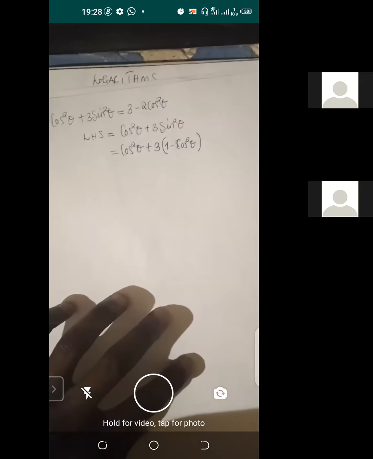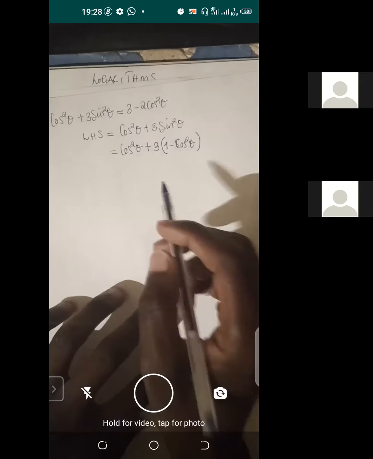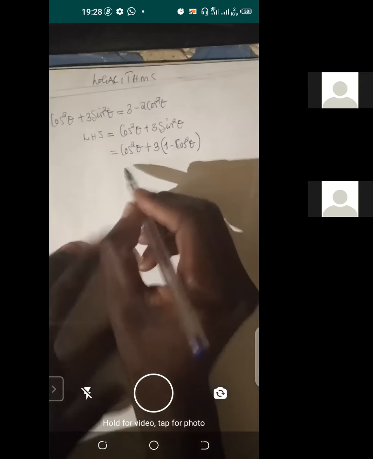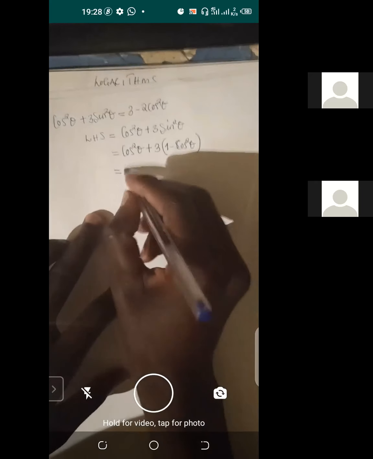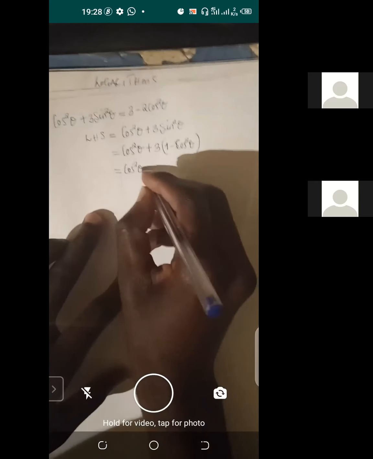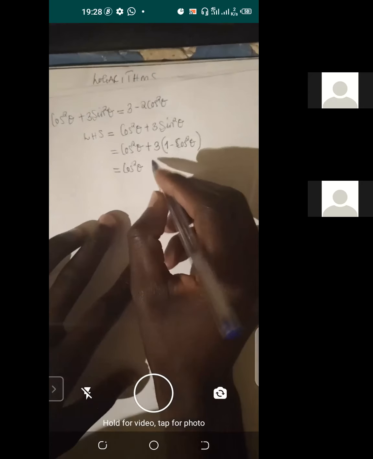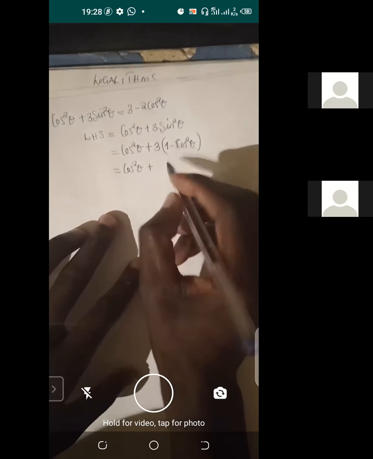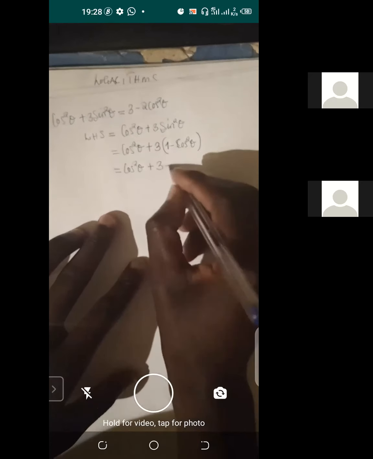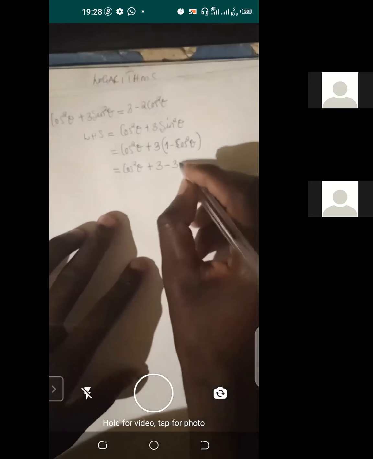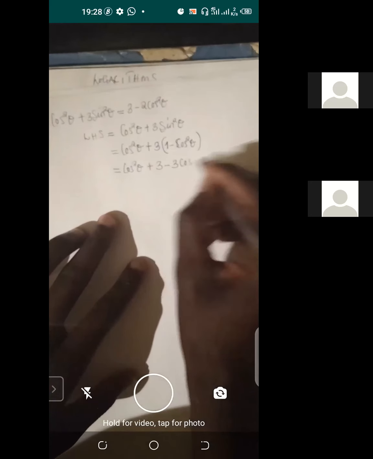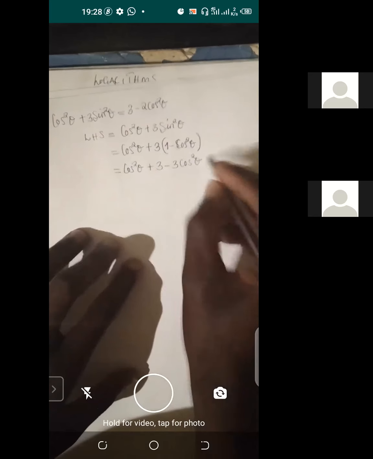All right. So that's what we have there. So you're going to have cos squared theta plus 3 minus 3 cos squared theta.